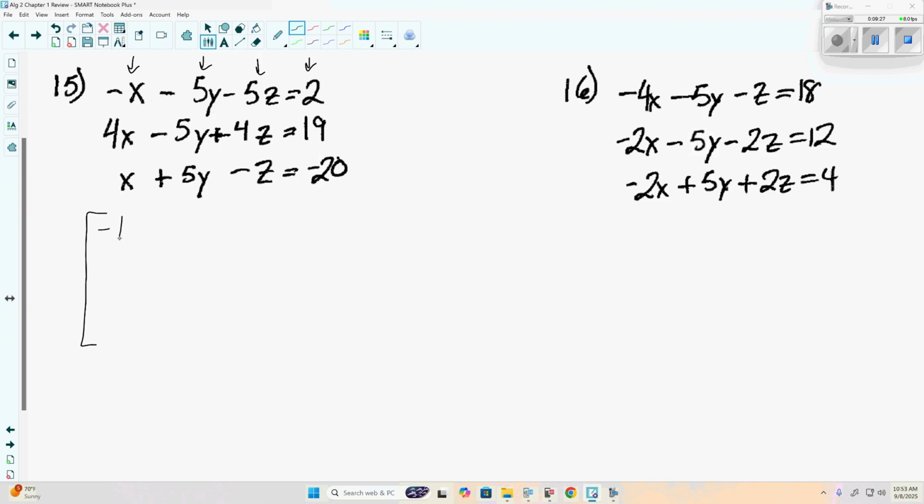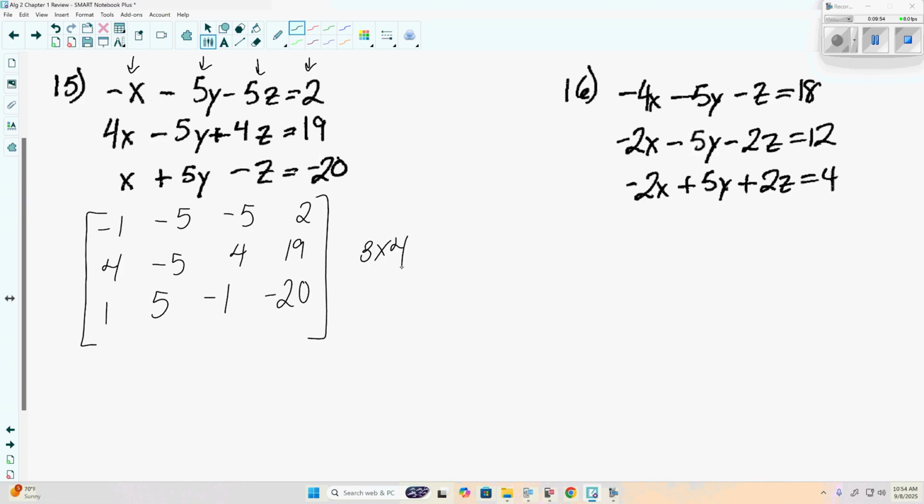So negative 1 for x, negative 5 for y, negative 5 for z, 2. Our second equation would be 4 for x, negative 5 for y, 4 for z, 19. 1 for x, 5 for y, negative 1 for z, negative 20. And this here is a 3 by 4.